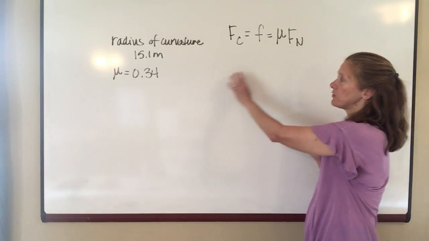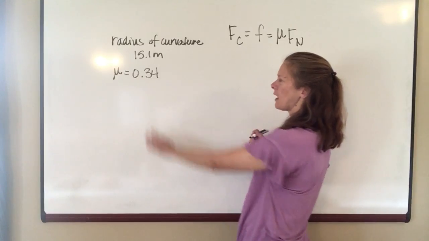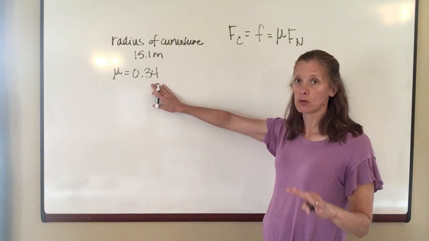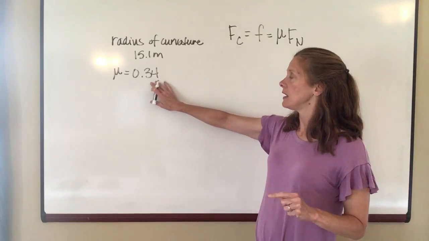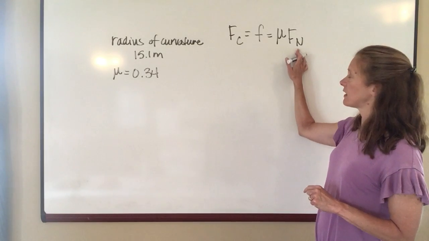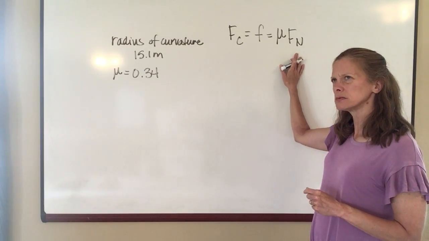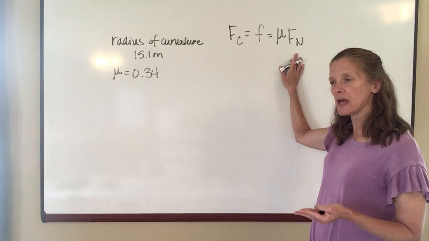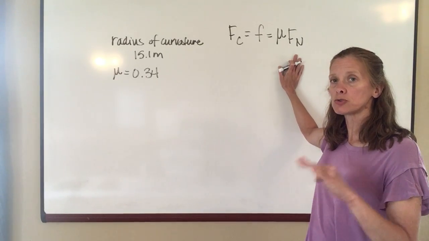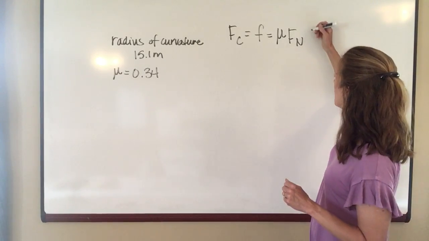We know that the coefficient of friction for this particular vehicle and the road is 0.34. So I know the coefficient of friction, and then I need to know the normal force. What do I know about the normal force? I know that the normal force in magnitude is equal to the magnitude of the weight.